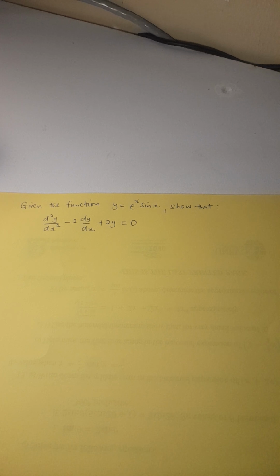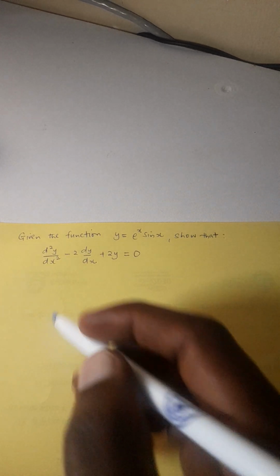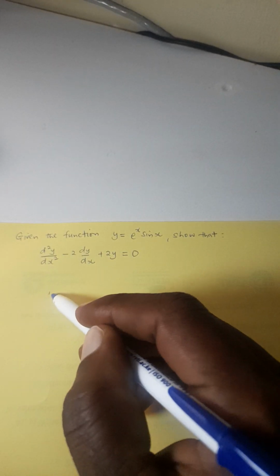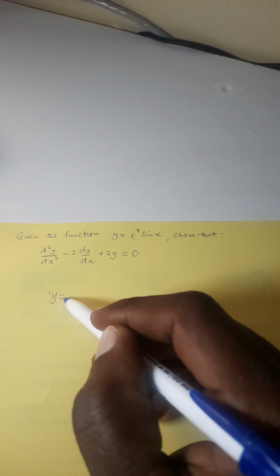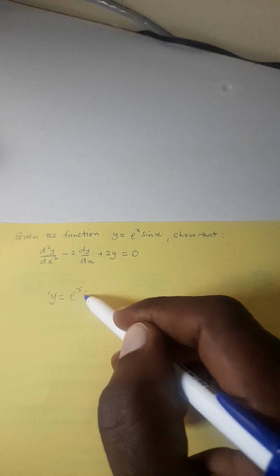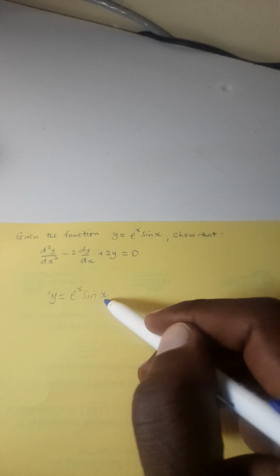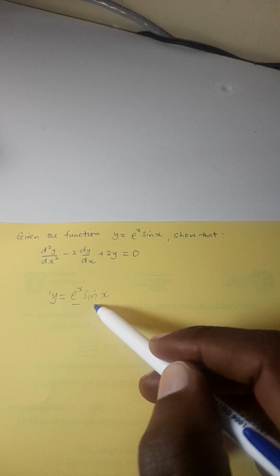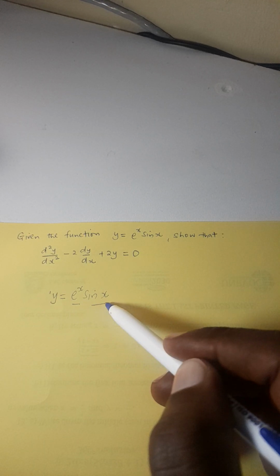Now we know that when we are given y is equals to e raised to x sin x, this is a product of two functions, e raised to x times sin x.